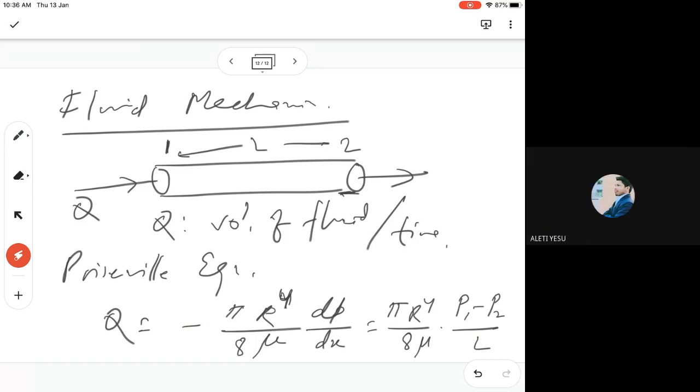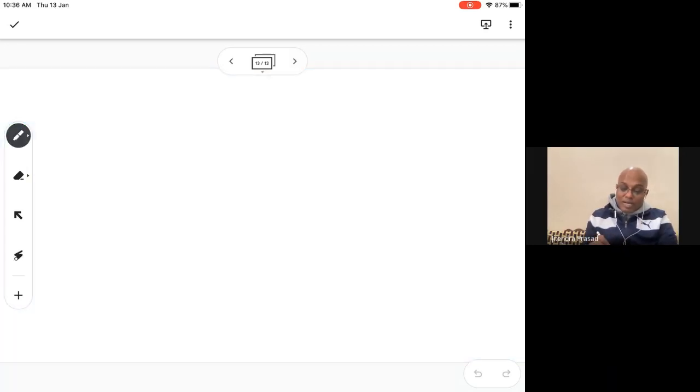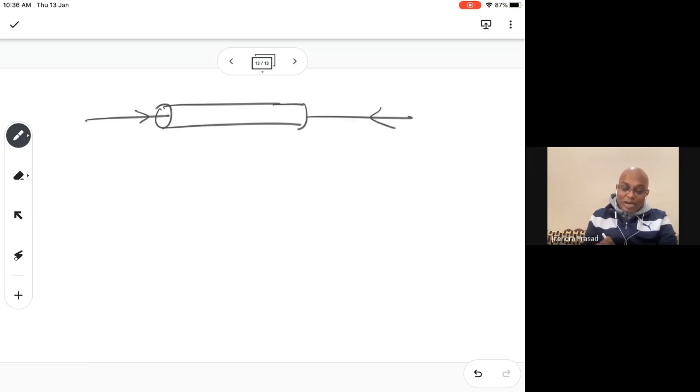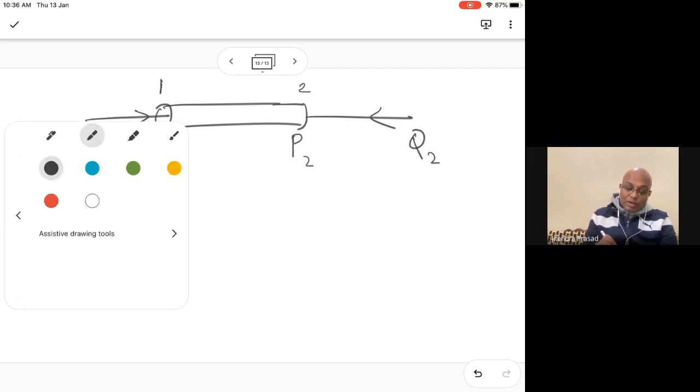Yeah, okay. So similarly, the way we did earlier, we can do the same thing here. We write Q1 and Q2, with point 1 and point 2, and pressure P1 here and pressure P2 here.